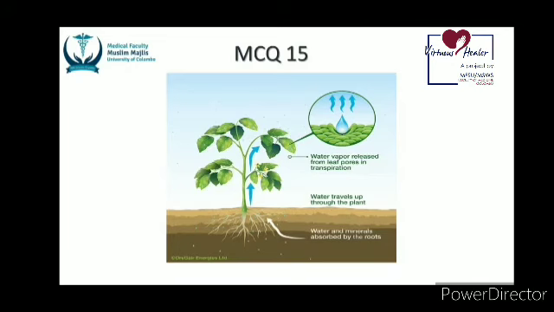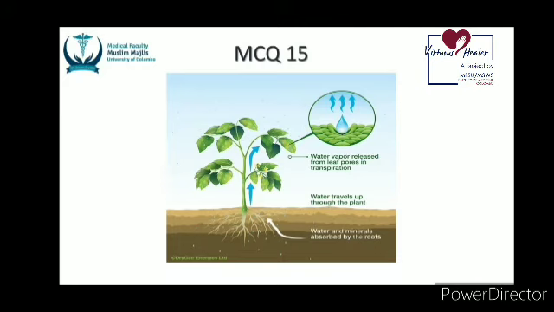Then this absorbed water enters into the xylem vessels and will be transported along the xylem vessels upwards to reach the xylem vessels in the leaves. And this upward movement of a continuous column of water along the xylem vessels will be facilitated by the transpiration pull.